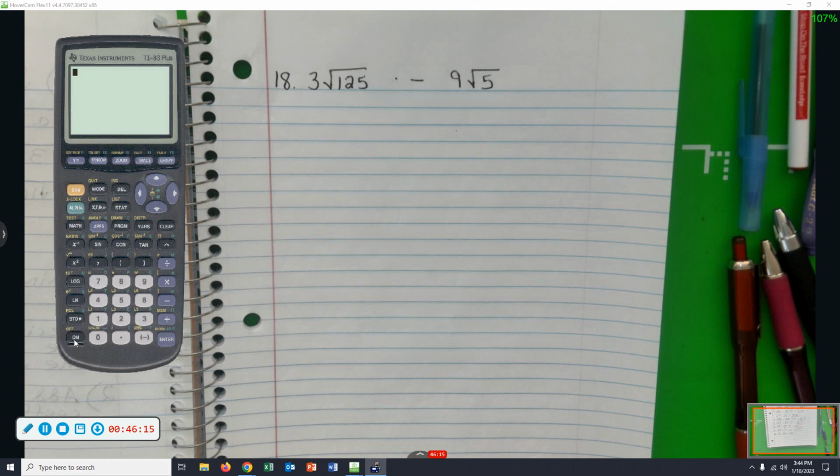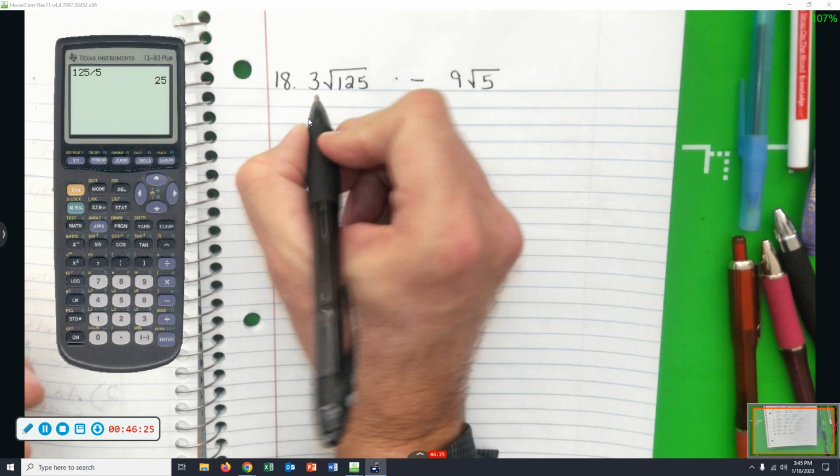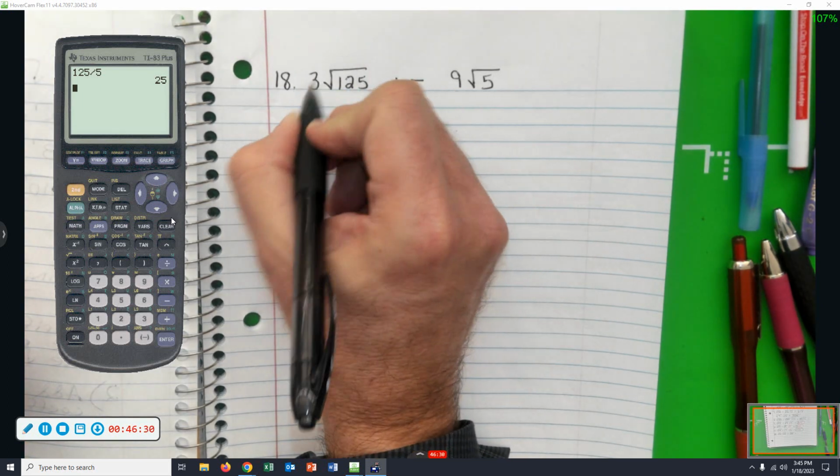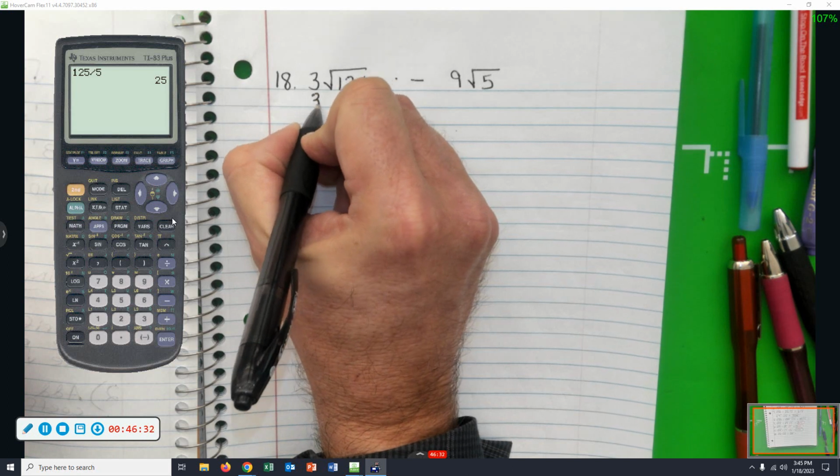Let's use that. 125 divided by 5. What are we going to get there? 25? Is 25 a perfect square? That's what you want then, okay? Now, follow my colors. I'm simplifying the 3 square root of 125 like this. I'm going to write down the black 3.